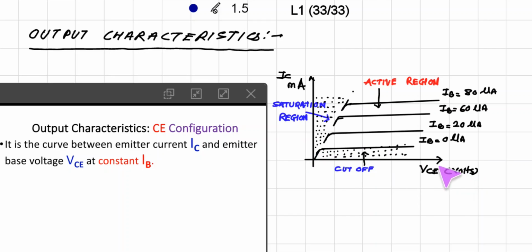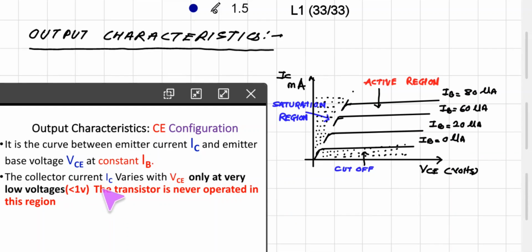That means during a very small part of VCE, collector current increases rapidly, but after that collector current remains constant. If you increase the value of IB, you will see that for the same VCE there is a rise in collector current, and this way collector current increases with increase in IB. So that is to be remembered.